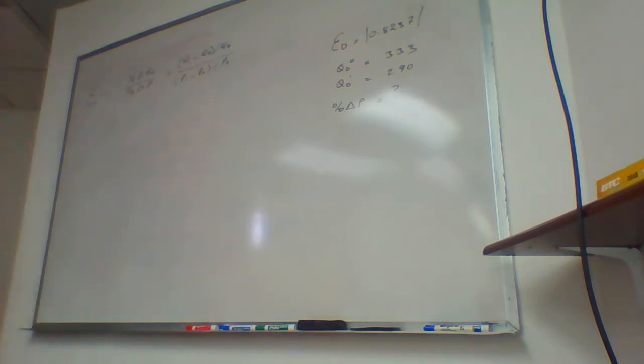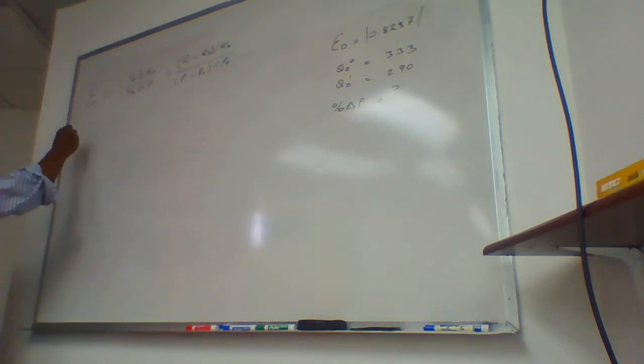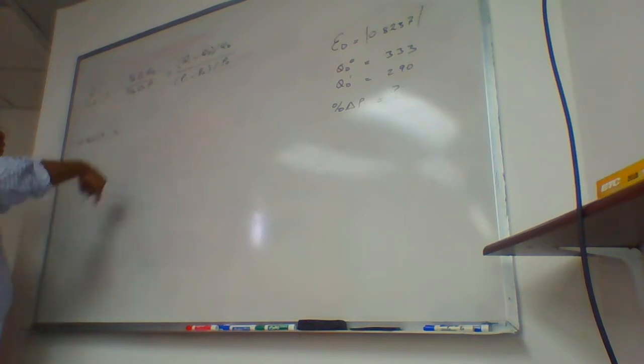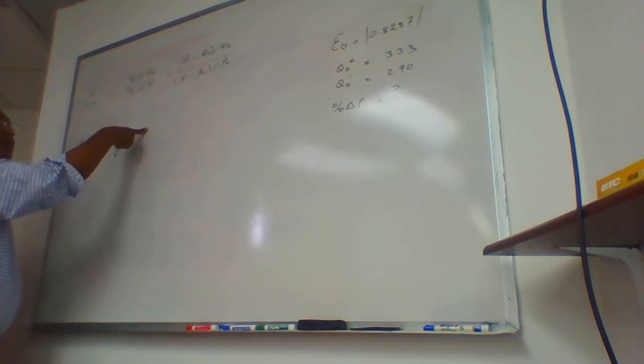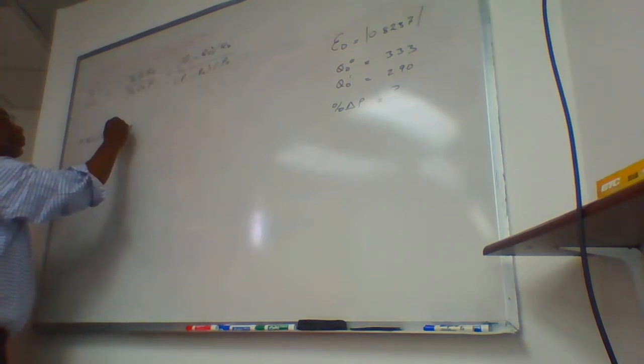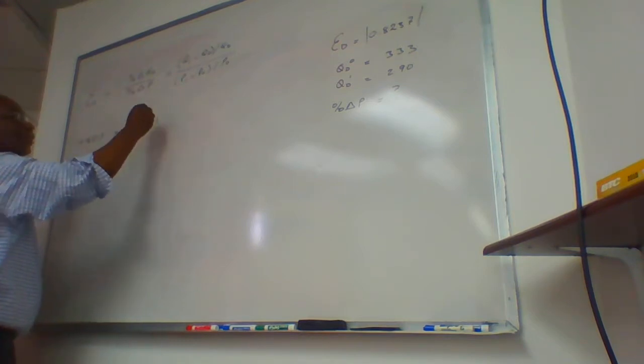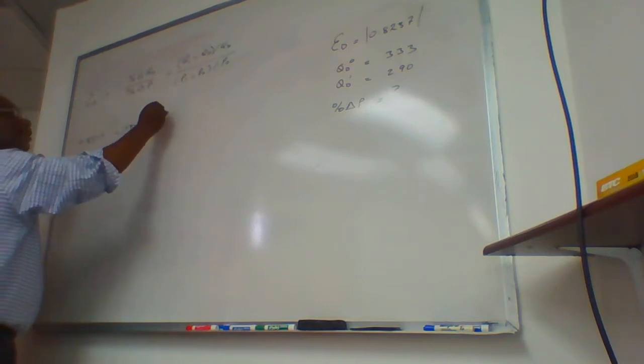All right. So again, let's plug in what we know and solve for what we don't know. We know E of D, an absolute value term, 0.8237 equals. And I can take my Q's, I got 290 minus 333. New minus old, divided by old.